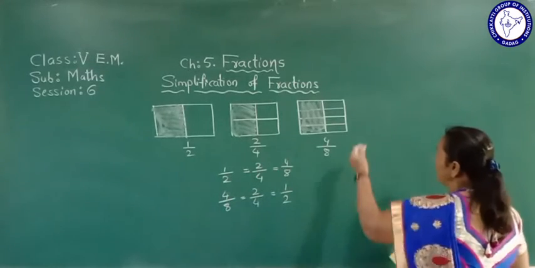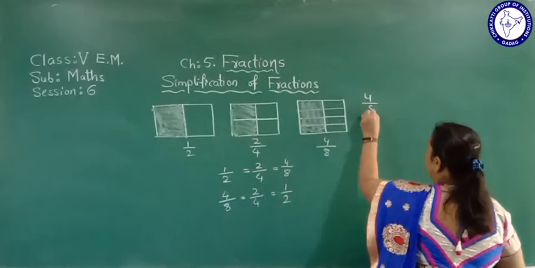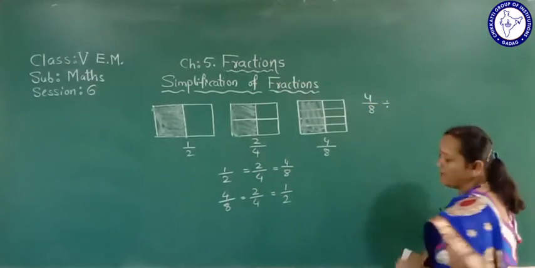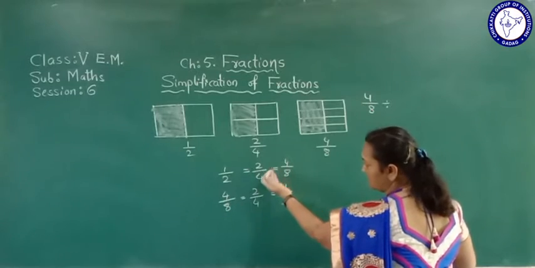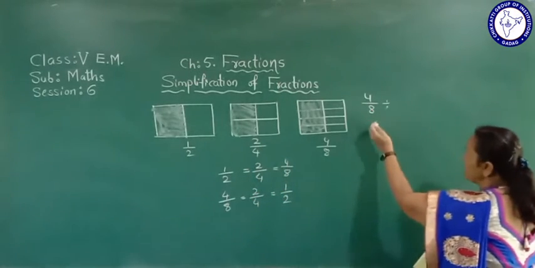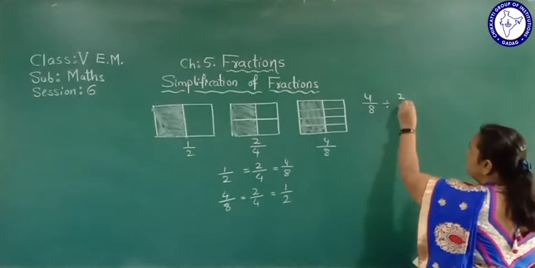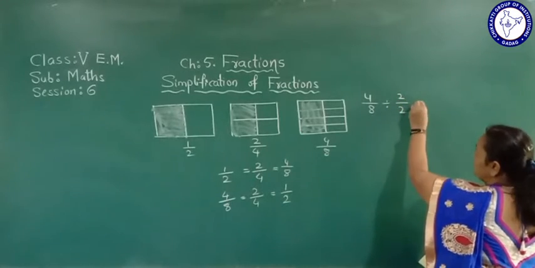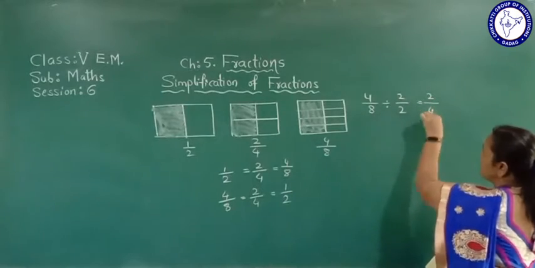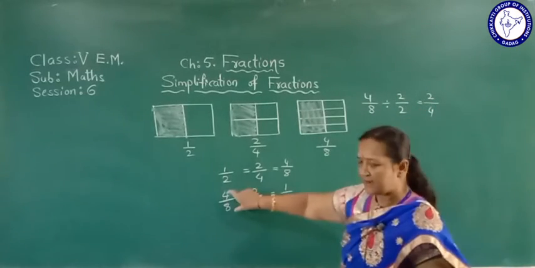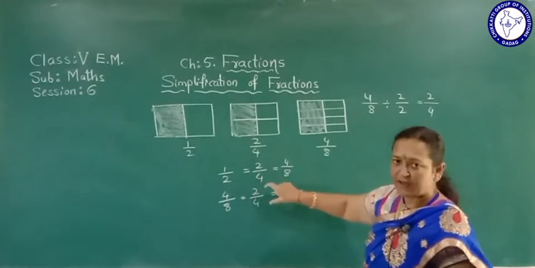Now here we multiplied numerator and denominator, isn't it? Now 4 by 8, when it is divided by 2 by 2, then 2 2s are 4 and 2 4s are 8. This 4 by 8 is reduced to 2 by 4.